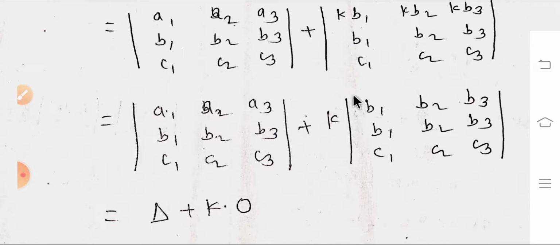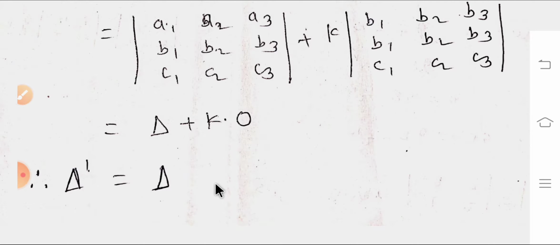So this is k into the determinant, taking k outside, of b1, b2, b3, b1, b2, b3, c1, c2, c3. The first determinant is nothing but delta, plus k into this value, which I write as 0. Why? Because here the first row and second row are identical. So delta dash equals delta.